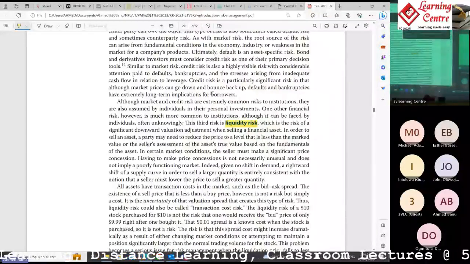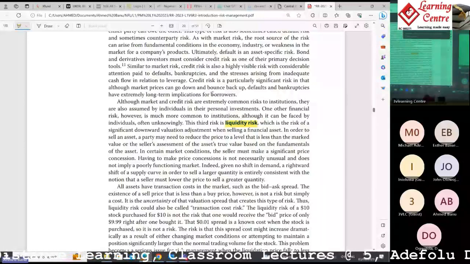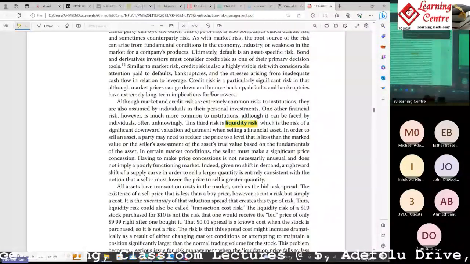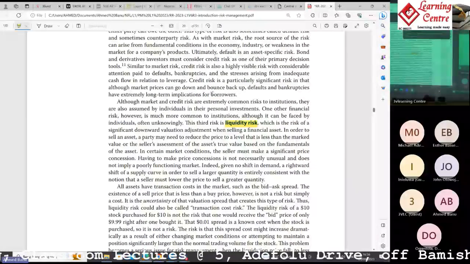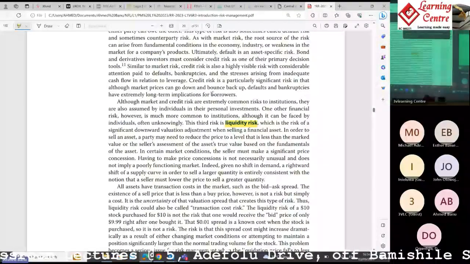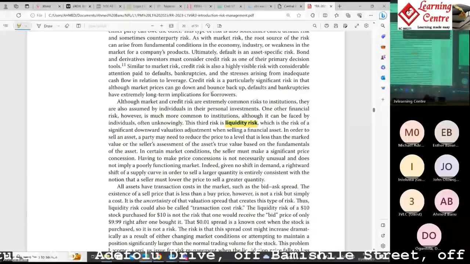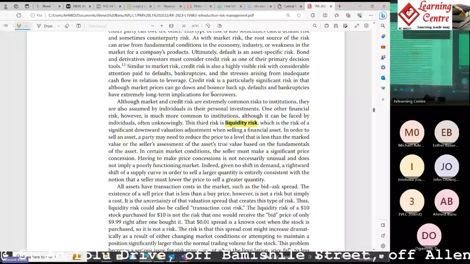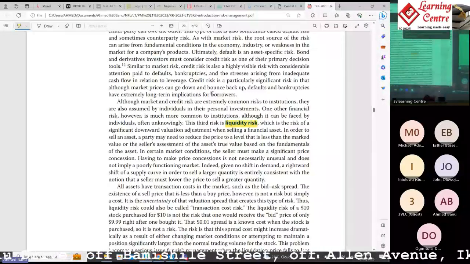Another measure under liquidity risk, for assets that trade on an exchange like stocks, is something we call the bid and ask spread. The bid and ask spread also measures liquidity. Once your bid and ask spread is wide, we always say that there's illiquidity in that asset.